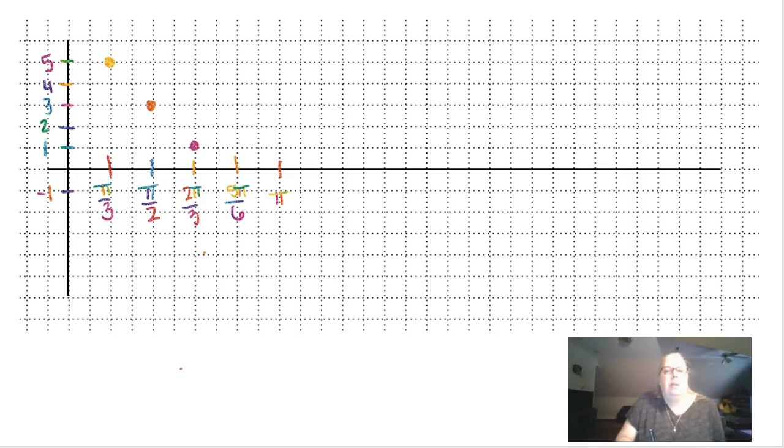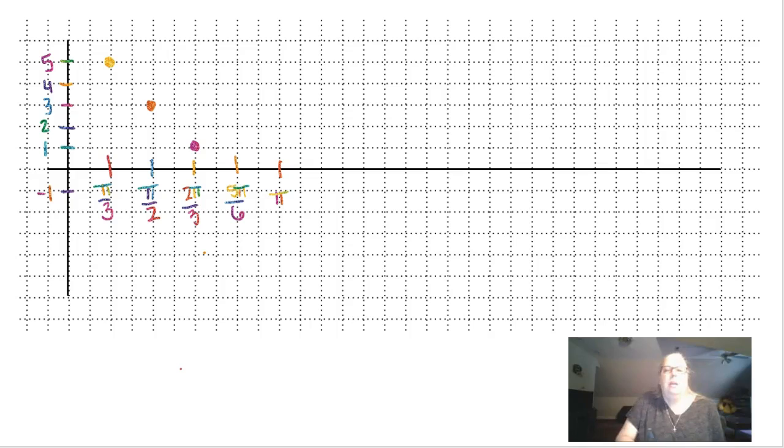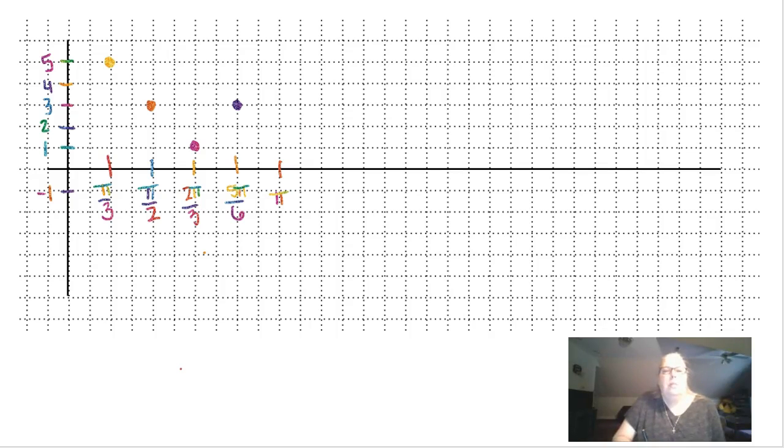It's going to be right here. Alright, we got 5 pi over 6 and positive 3. It's going to be back up here. And finally, we want to graph pi and positive 5, which is going to be right up here.